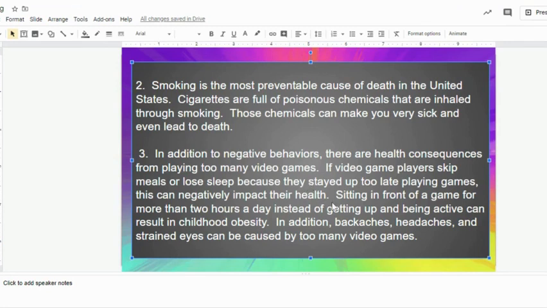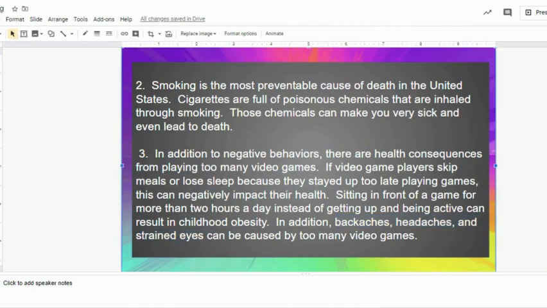And if I have to pull out text evidence to back that up, I can say right here, there are health consequences from playing too many video games, can negatively impact our health, can lead to childhood obesity, backaches, headaches, strained eyes. So all of those things that the author says about video game playing shows us from his words that his position is that video game playing is not good for us. It's not a good thing.